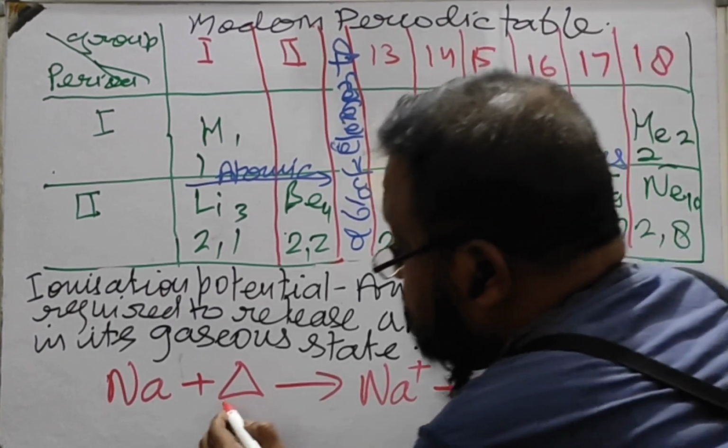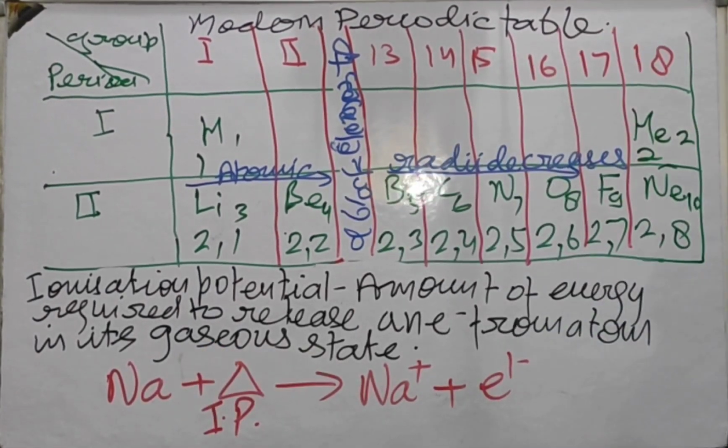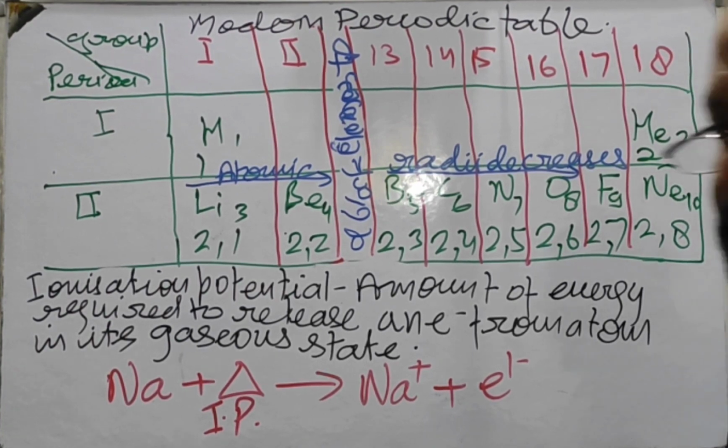So this is equal to the ionization potential. How much energy is required to release an electron from an atom in its gaseous state, that is known as ionization potential, right?